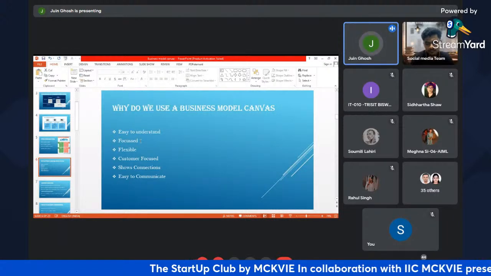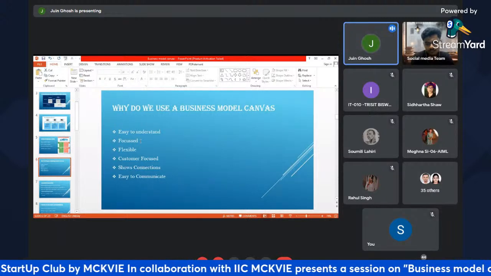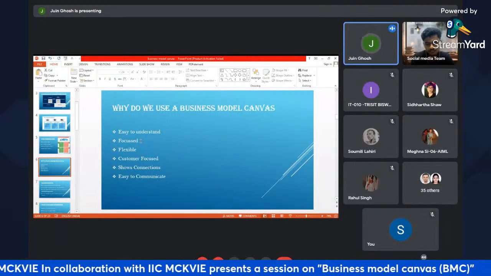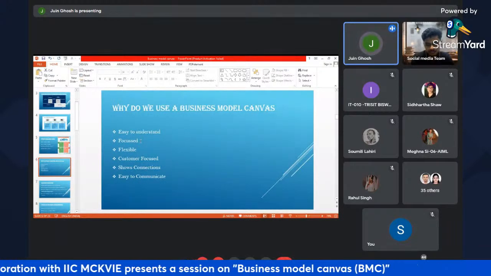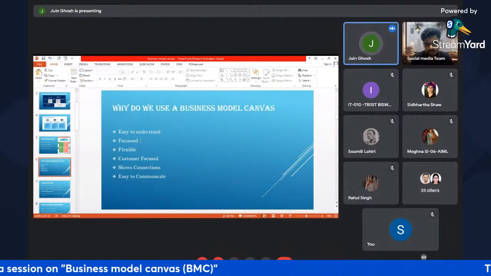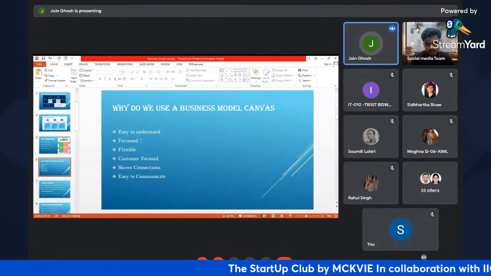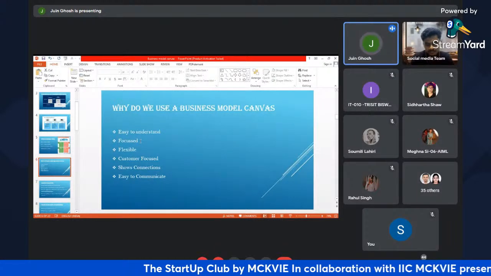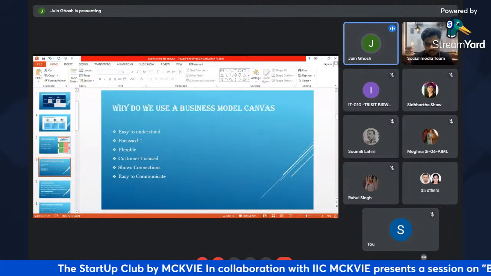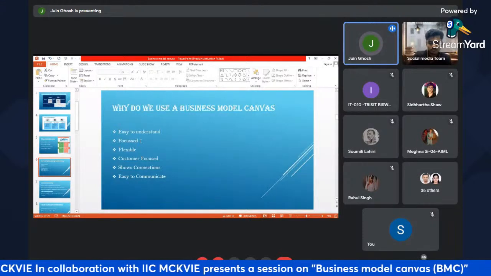Then it is customer focused, since customers are the main attraction of any business, because they are the actual people who can take the organization to the peak, or even to the base also. They can throw the business to the base also. So the customers' feedback and the retention of the customers are very much needed.